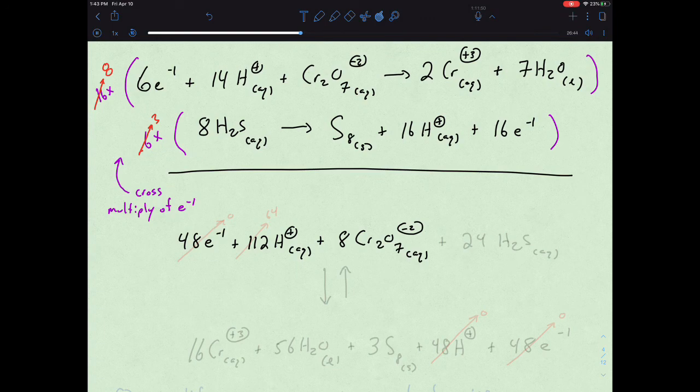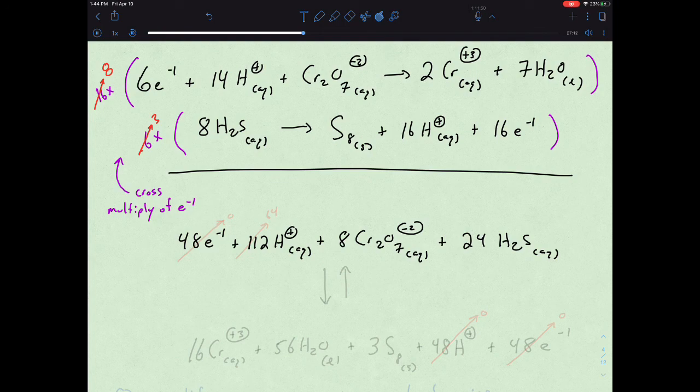And now we go to the bottom one. We take our 8 times our 3, and so we would get 24 of those sulfurous acids. And so those are basically now going to produce the following products.